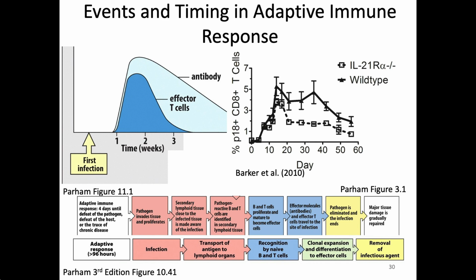We also have to get antigen to the secondary lymphoid organ, which I mentioned a little bit about before, and I'll mention some more in an upcoming lecture. We've just talked about all the things that make that take a little while. It might take up to a day or so to get everybody into the secondary lymphoid organ before we can then start the process of activating our T cells.